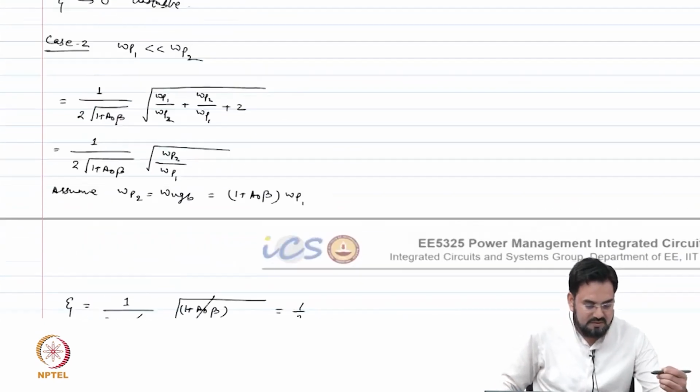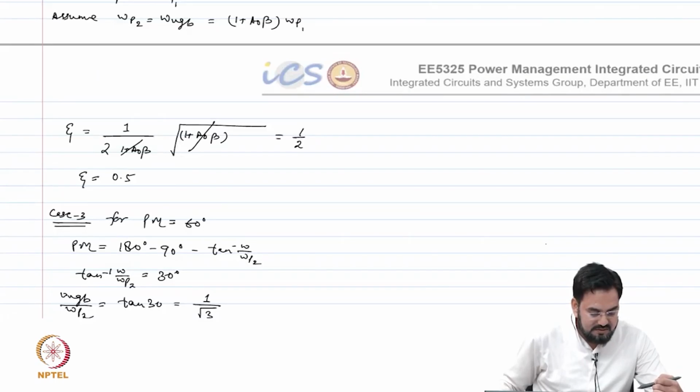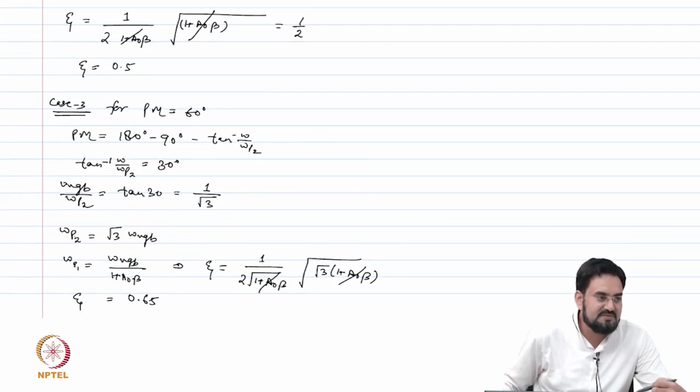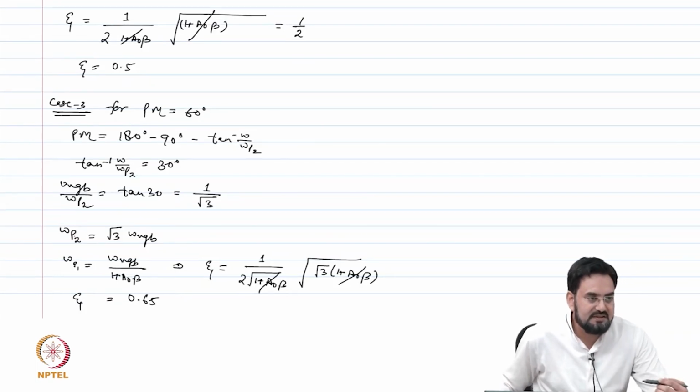So now, can you roughly tell me? So for phase margin of 45 degrees, I am getting zeta 0.5. And for phase margin of 60 degrees I am getting zeta 0.65. So can I say I am roughly between like 90 to 100 times zeta is my phase margin.